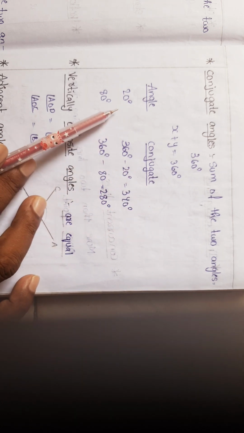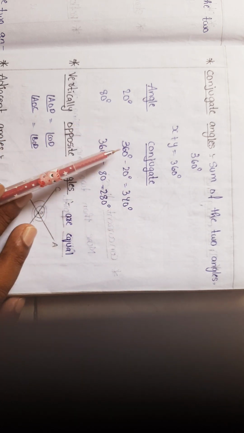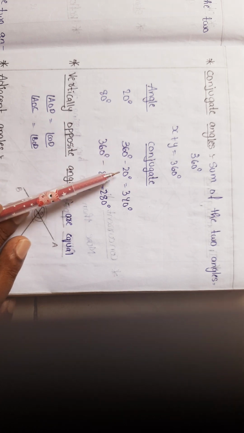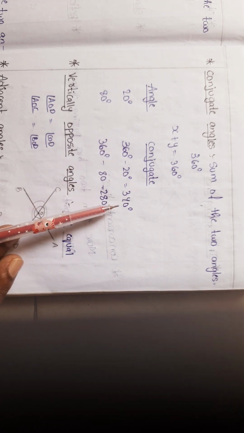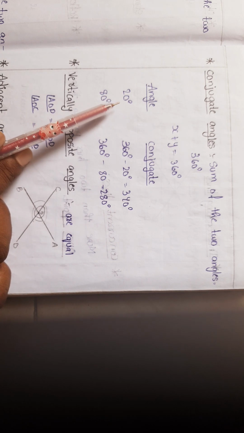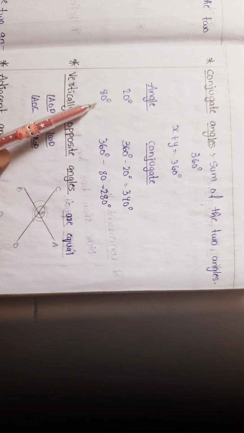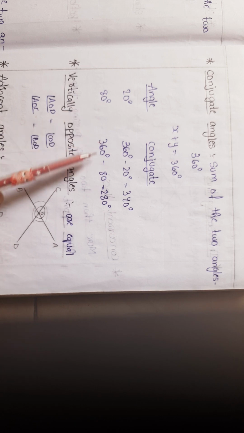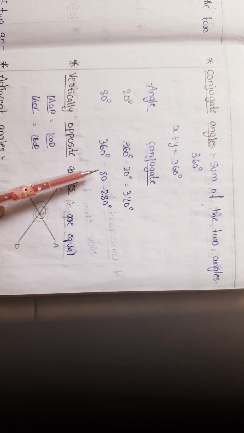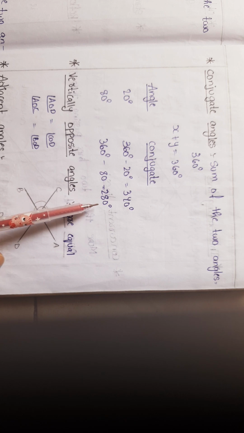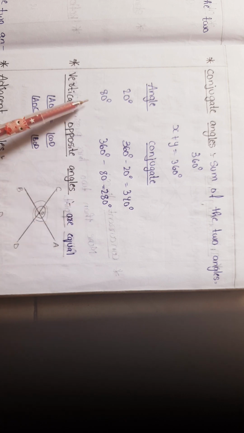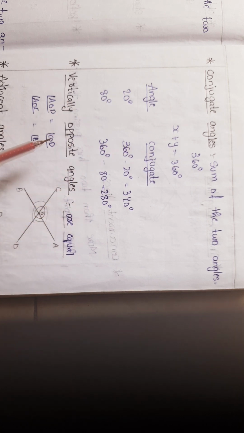One angle I gave is 20 degrees. 360 minus 20 is equal to 340. That means the conjugate angle of 20 degrees is 340. Suppose you take 80 degrees, 360 minus 80, right? So its conjugate value to 80 degrees comes out. That means the sum of them must be 360.